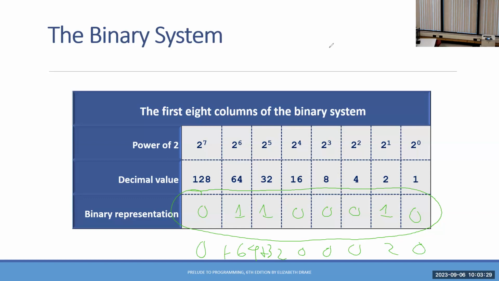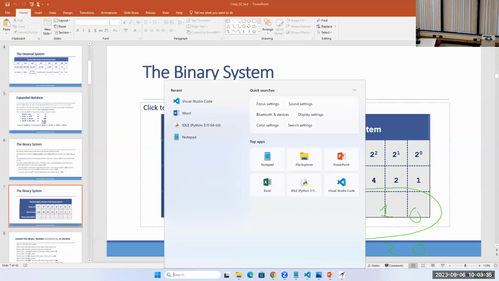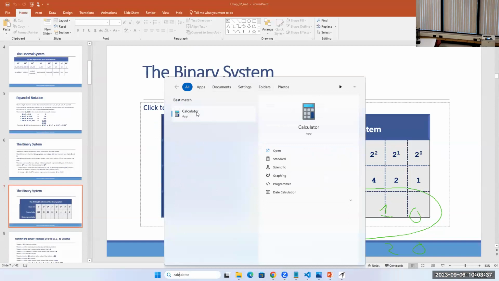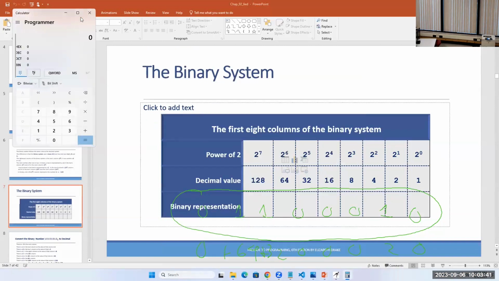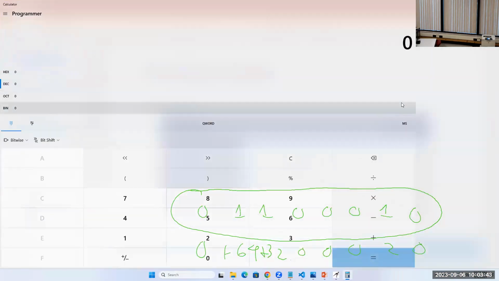And of course, nowadays, you can use the calculator. You do not have to do it manually. When you work with the calculator, you go to programmer mode. I enter the number and work with binary.